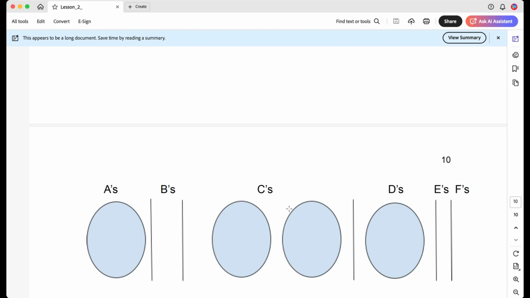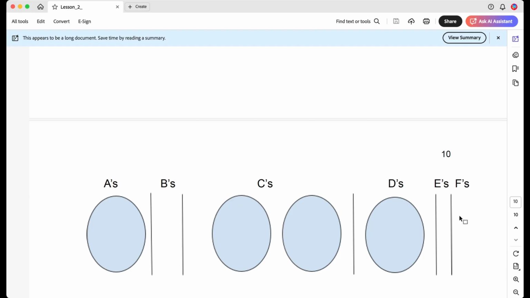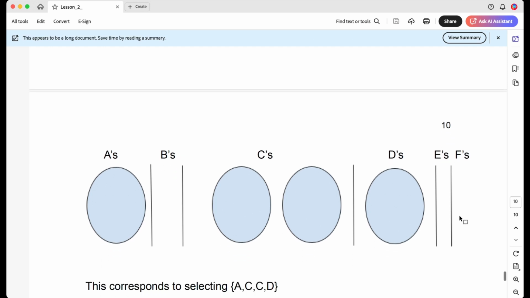Now we have 2 circles in a row, so that corresponds to 2 copies of C, and then 1 copy of D. No E's and no F's. So this corresponds to the selection of A, C, C, D. So again, 5 lines gives us 6 categories: A, B, C, D, E, and F.